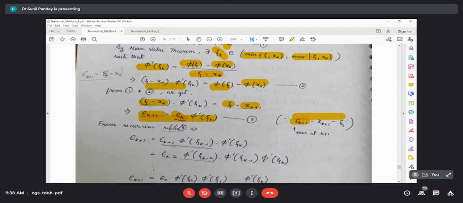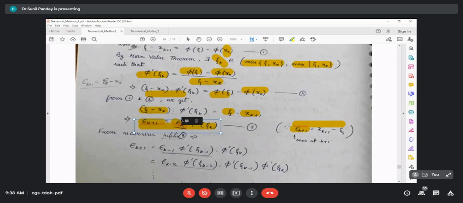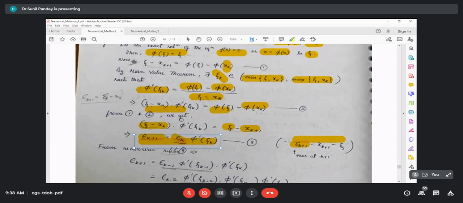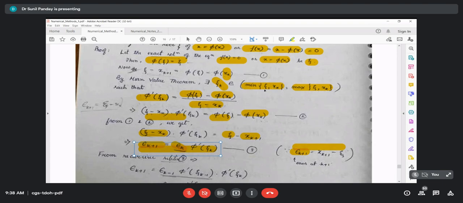Now again we see that we have taken here the interval xi comma x_k. Instead of this, if I take the interval xi comma x_{k-1}, because if x_k is the approximated root, then x_{k-1} is also an approximated root, and x_{k-2} is also an approximated root.